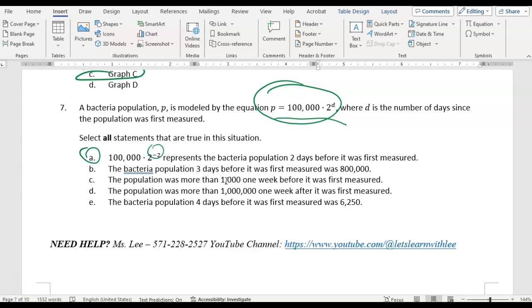The bacteria population 3 days before it was measured was 800,000. So in this case, it is doubling each time. So 3 days before it was measured should be less than 100,000. So we can just reason that that's not true. The population was 1,000 1 week before it was first measured. So 1 week would be 7 days.